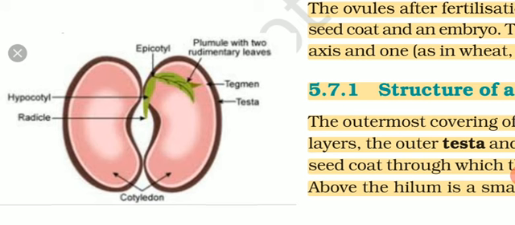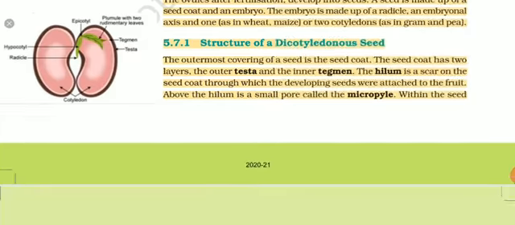The lower portion, the tissue attached to the radicle, is known as the hypocotyl, and the portion attached to the plumule is known as the epicotyl. Here, one more term we need to talk about is hilum. Think of a pea pod from which you take out the pea seeds. How do you withdraw all the seeds which are attached at the marginal position?